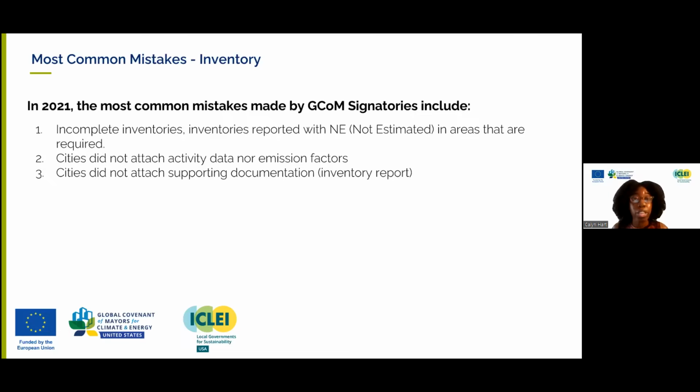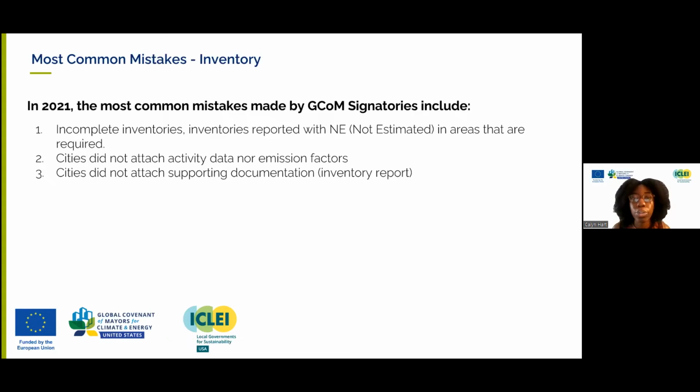So you'll want to make sure that for any sector that you do not have data for, when you're going through any of those mandatory sectors, you will need to use a notation key. On the other side of that, when you are using those notation keys, just make sure that you do not use the NE, not estimated, because essentially all of the mandatory sectors, they expect to be estimated.